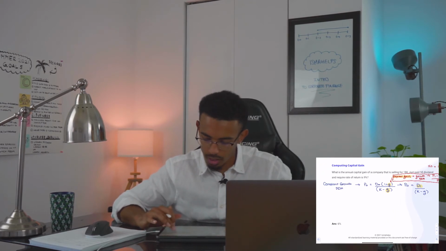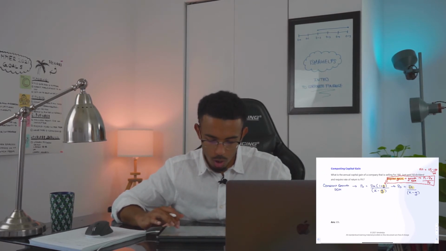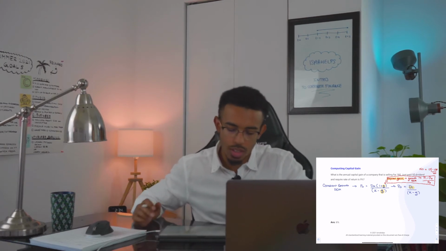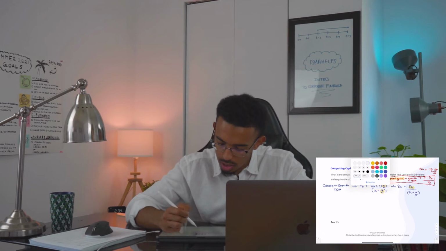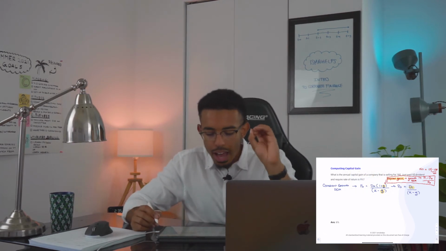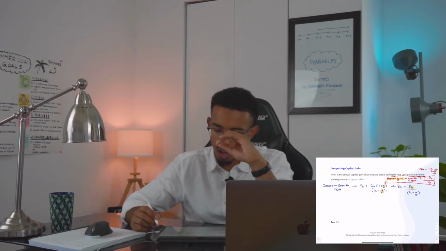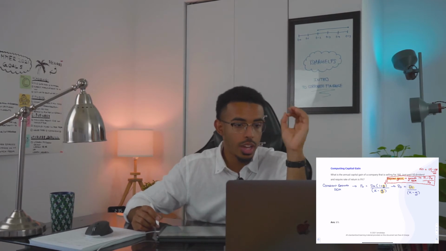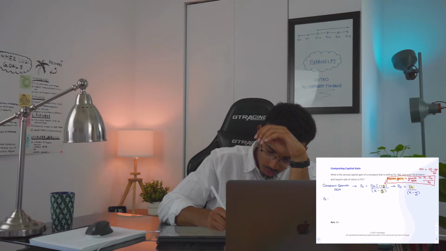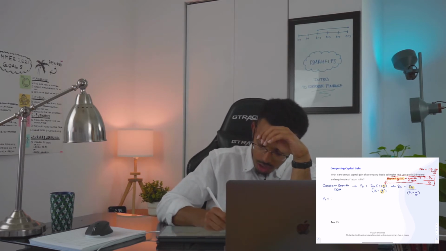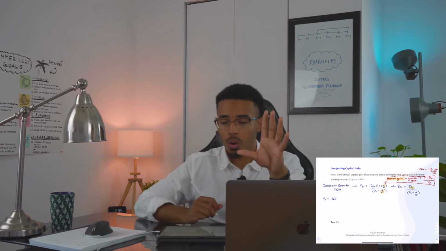So, let us identify the different components of our constant growth DDM in the context of this question. As you can see here, we have: what is the annual capital gain of a company that is selling for 180? So we know that 180 represents our current price, so 180 will be our P0.